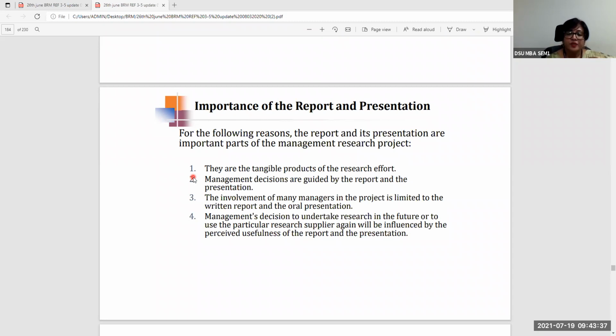Third point is the involvement of many managers in the project is limited to the written report and the oral presentation. So many of the managers who will now become the beneficiaries of this research report will only have the research report to be guided by, because the research team and the business decision-making team might be two different sets of team.